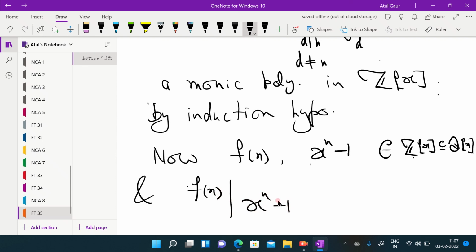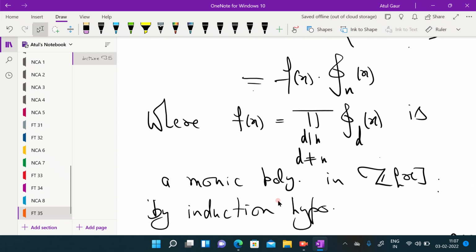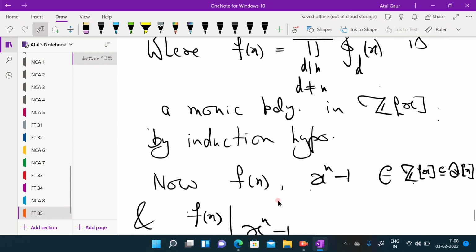Now where is this division being performed? Where this nth cyclotomic polynomial phi nx is. So where will phi nx be? In the extension of q where the primitive nth root of unity is, right?